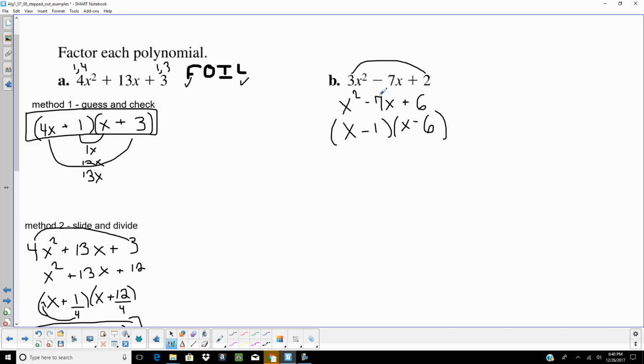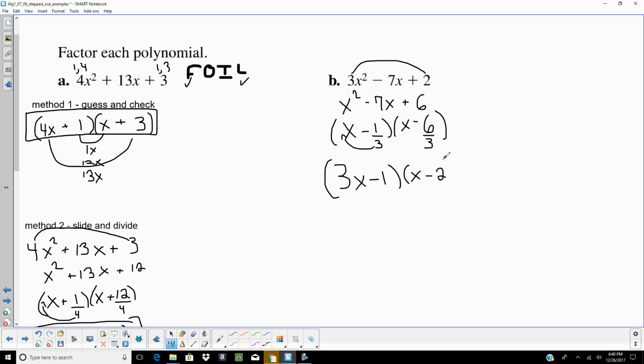All right, so I multiplied by 3. Now I need to divide by 3. 1 does not go into 3, so I'm going to have to slide it over. And I get 3x minus 1. 6 divided by 3 will give me x minus 2.